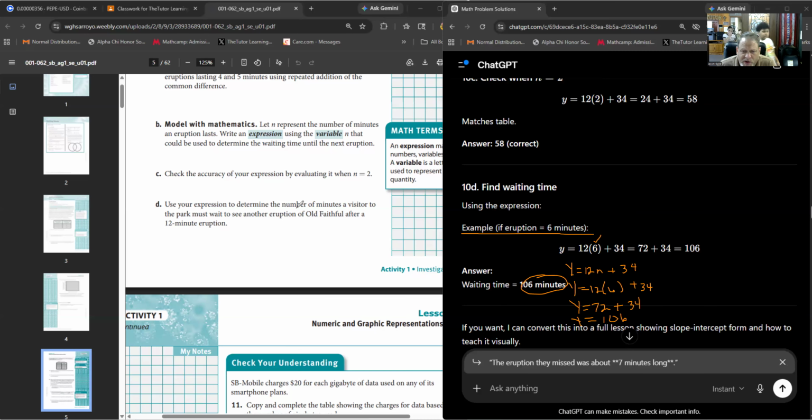So use your expression to determine the number of minutes a visitor to the park must wait to see another eruption of Old Faithful after a 12-minute eruption. So it's 106 minutes. All right, guys, so we're going to stop right there. It's about lunchtime, so we're going to stop there and continue with the rest of it after lunch.